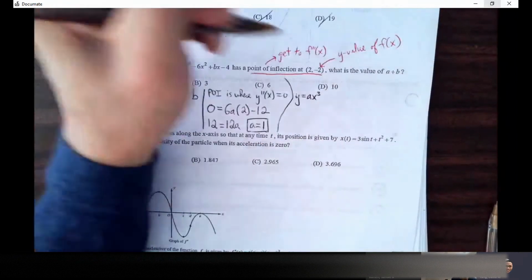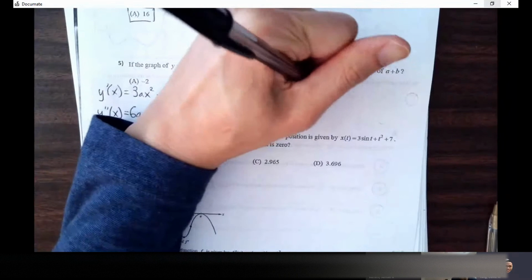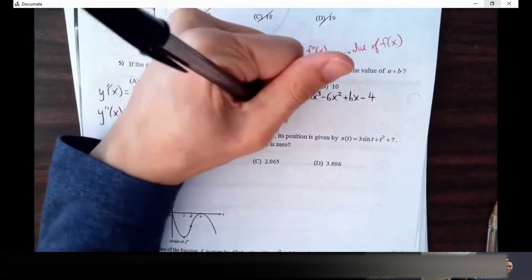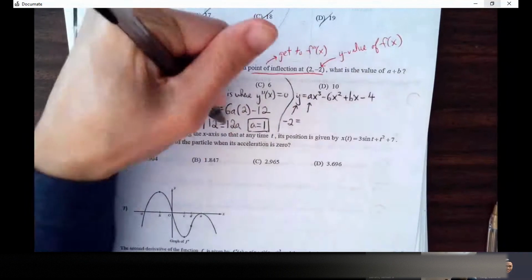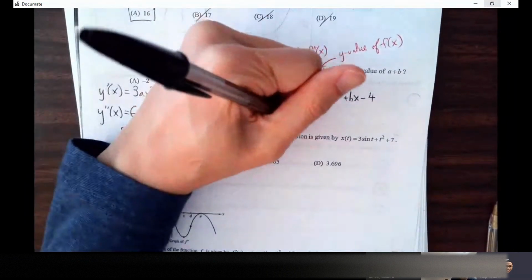So I'll write the equation again, ax cubed. So my y value I'll replace with -2. My a value I'll replace with 1.